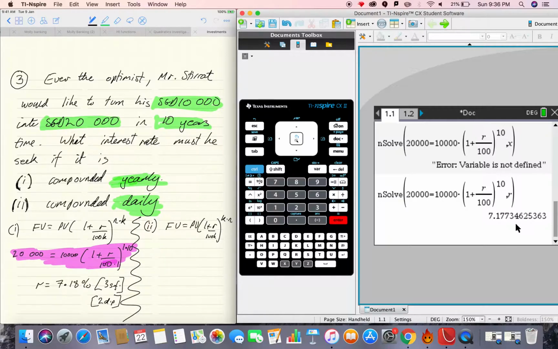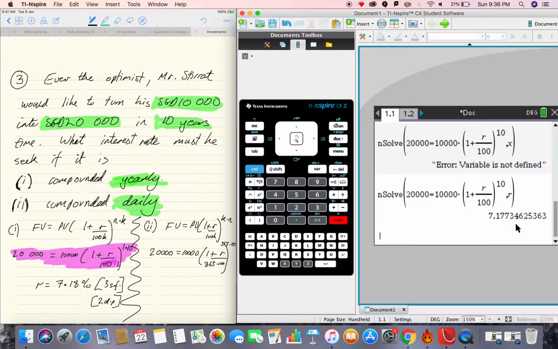So let's go for it. 20,000 final value equals present value times 1 plus r over 365 times 100 to the power 365, that's the k. K is the number of compounding periods, and that's 365 times by 10.